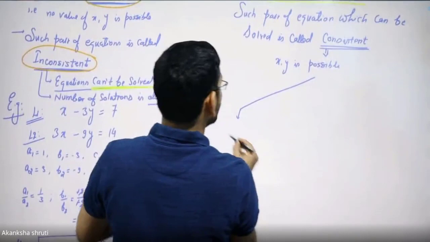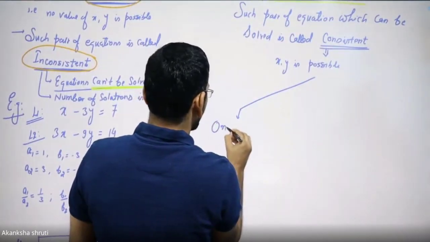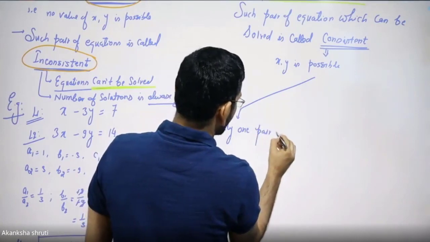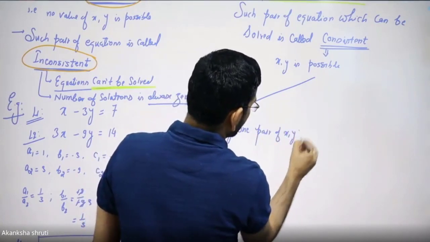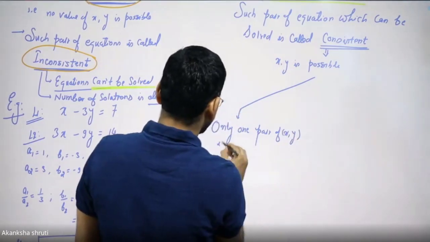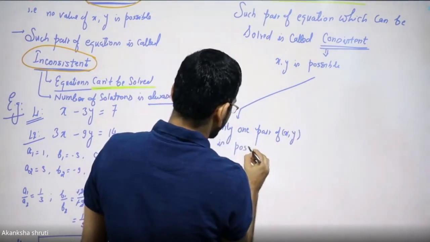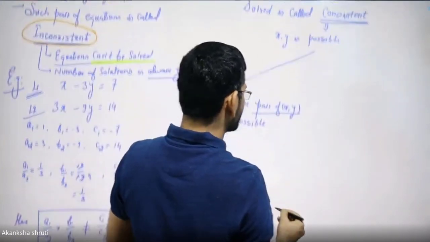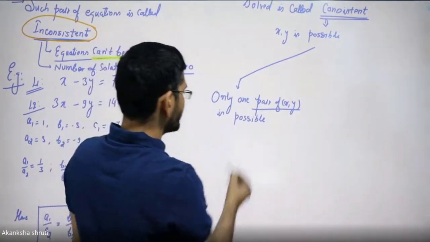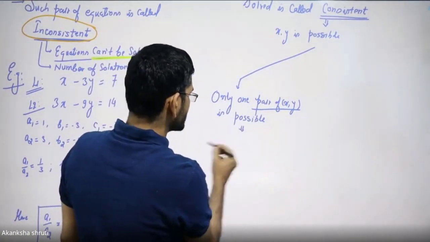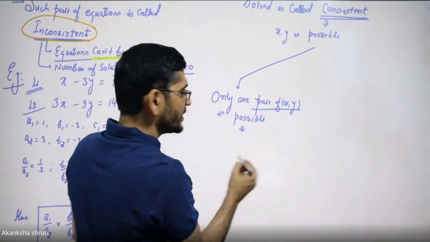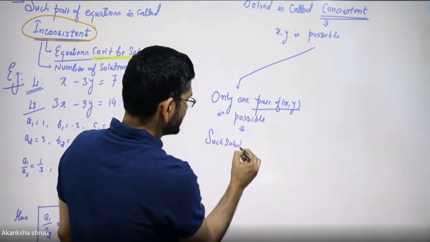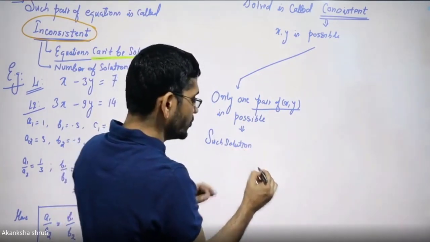One is that only one pair of x, y is possible. That is, only one pair of x, y satisfies the given equation. So such a solution is called a unique solution.